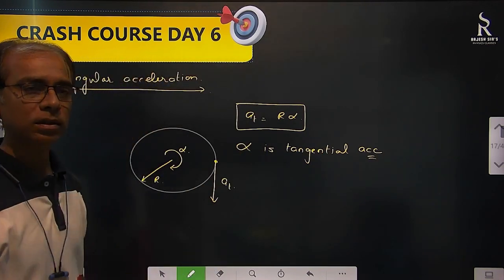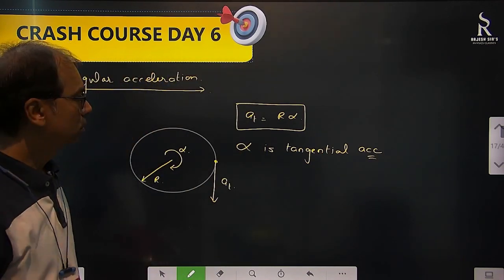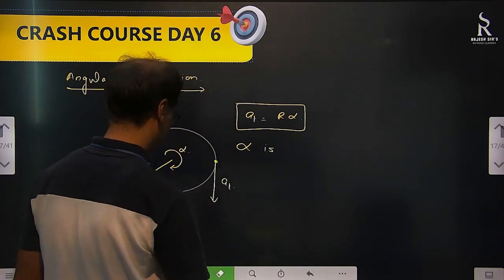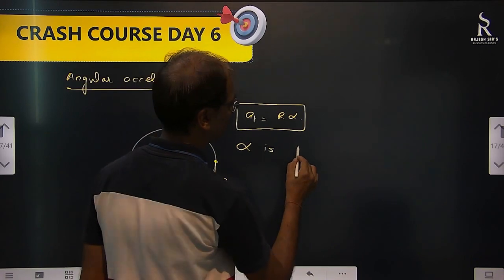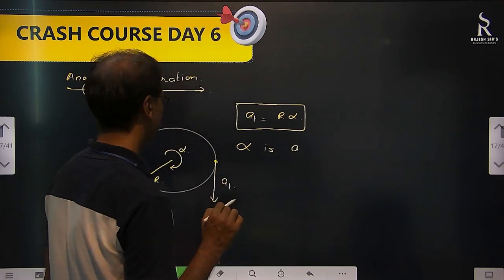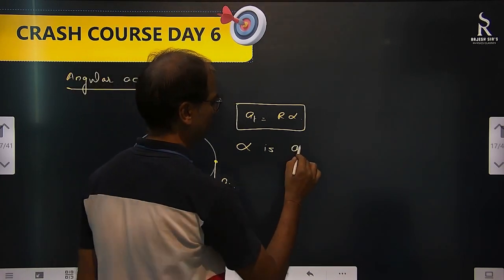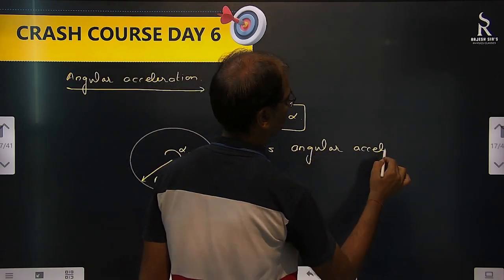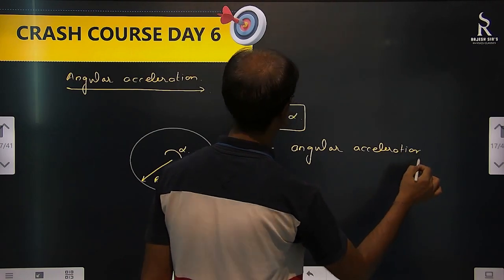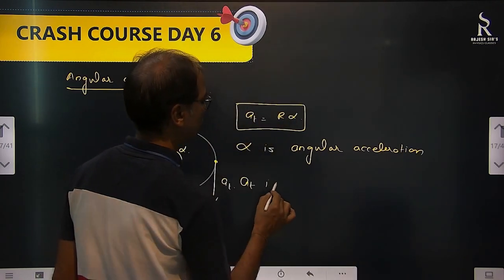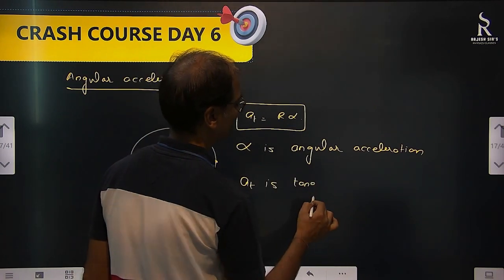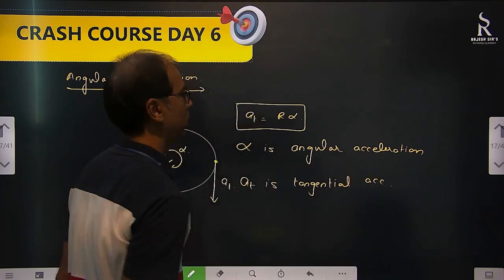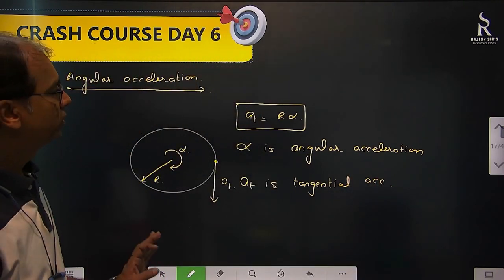Angular acceleration alpha is, not tangential acceleration. AT is tangential acceleration. And alpha is also an axial vector.